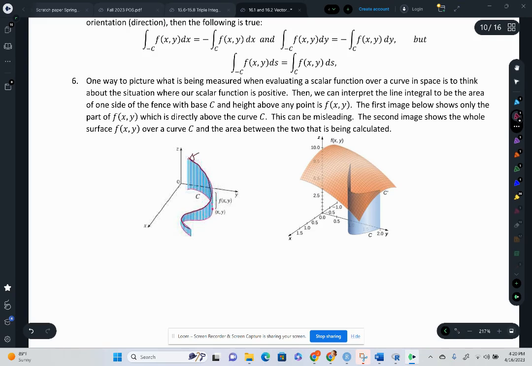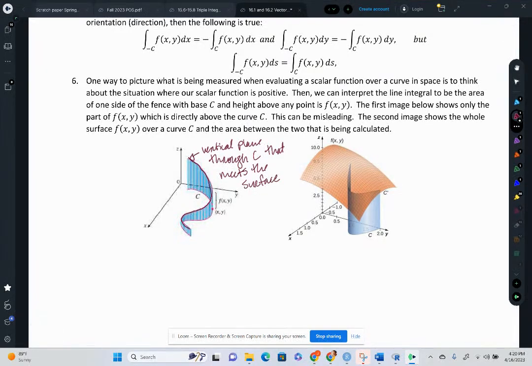So this is like the vertical plane through C, our curve, that meets the surface. And then over here in the picture on the right, now I've got the surface on there, and I can kind of highlight the curve C where it meets up with the surface.